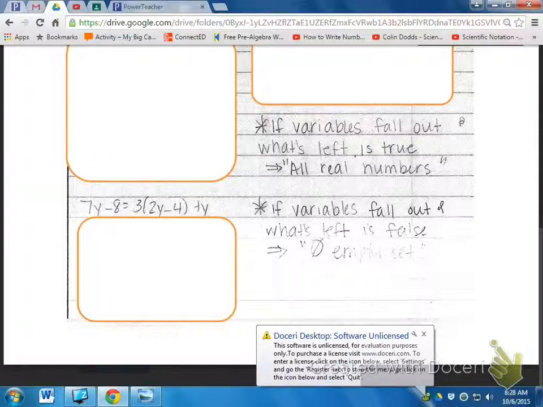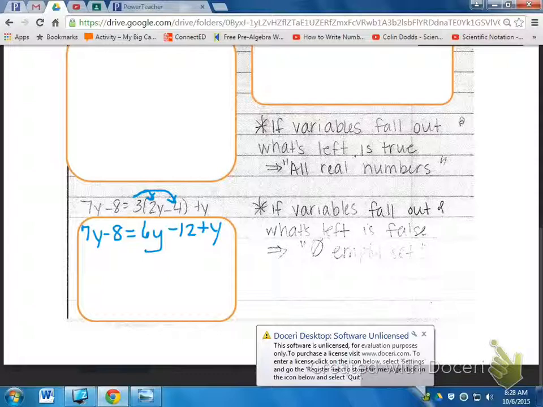So you follow the same procedure every time. I'm going to do the distributive property. So the first one is 7y minus 8. On the right is my distributive property. So 3 times 2y is 6y. And 3 times negative 4 is negative 12. Plus I have another y hanging out there.